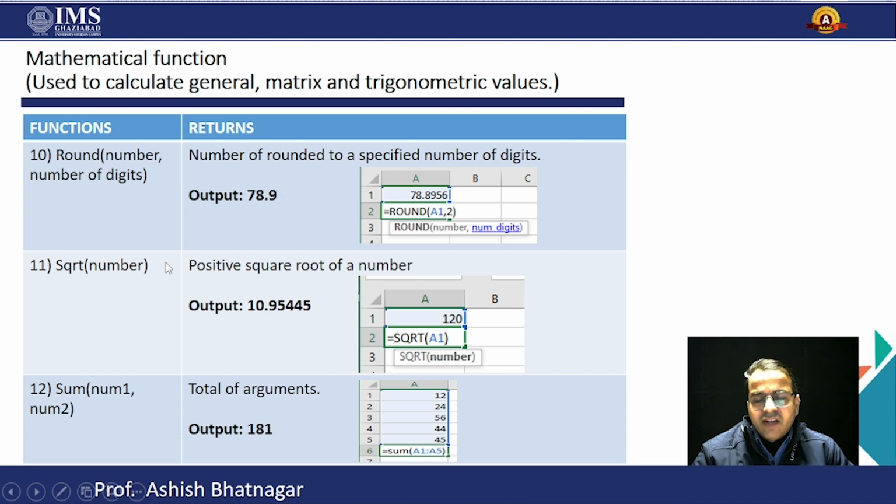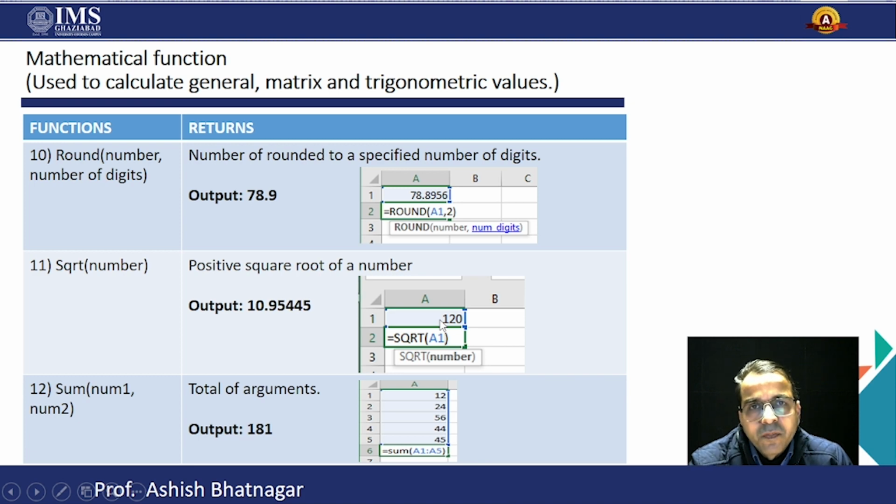Next is square root. It's very important in the mathematical concept, how we find the square root of any given number. Excel basically contains a direct formula. You have to apply the SQRT function. SQRT contains only one argument, a number, and it will return the positive square root of a number. Suppose you take an example, A1 contains 120.